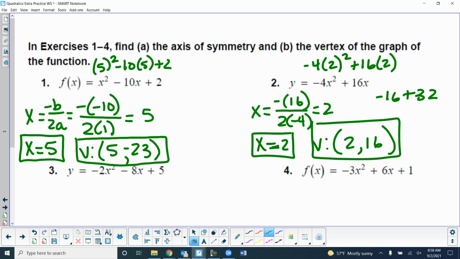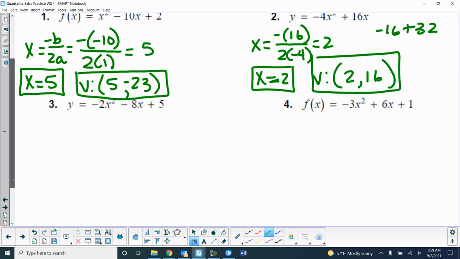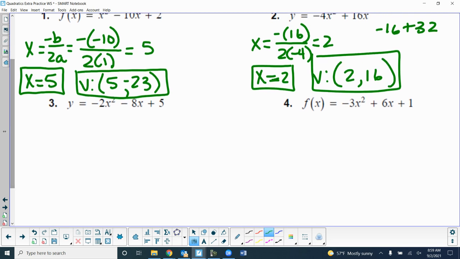Questions on the first 2? All right. Caleb Berkey, what's number 3? What'd you get for the axis of symmetry? All right.